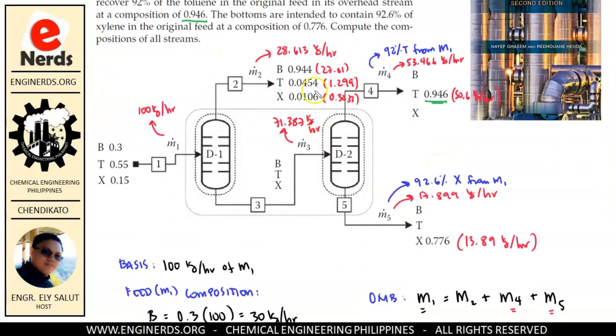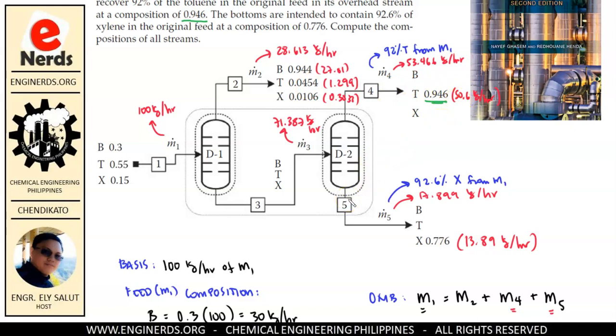Now, using our overall material balance, we can determine the value of toluene dito sa ating M5. Because we know the value of toluene sa feed, toluene dito sa ating M3, and toluene dito sa ating M4.